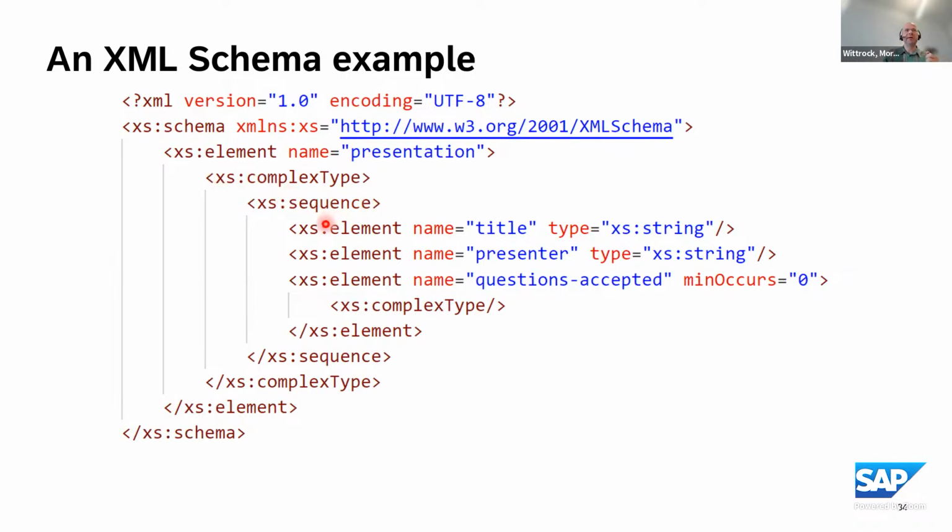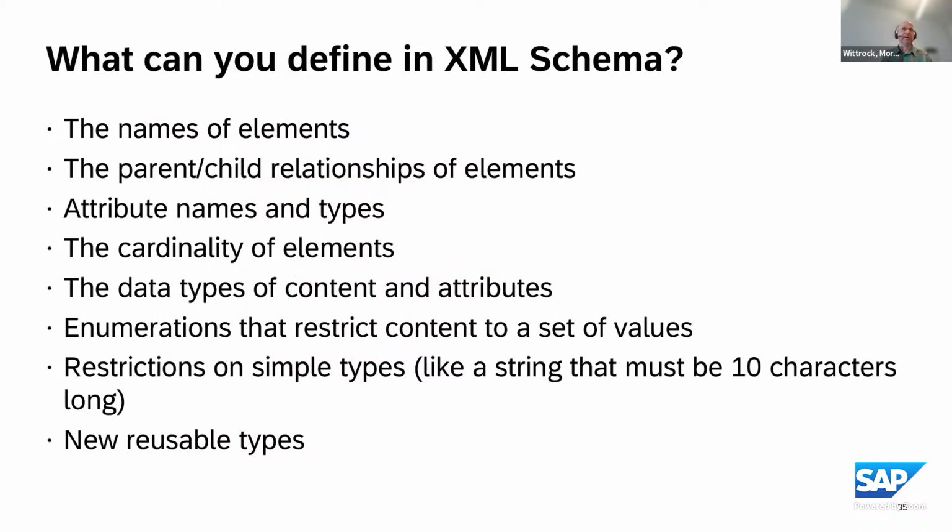It's a sequence of 3 other elements. Title, which is a string, presenter, another string, and then this questions accepted element, which is optional. So it has this min occurs attribute set to 0, and is defined as another complex type, but with no content. So this is an empty element. So this is a full entire working XML schema.